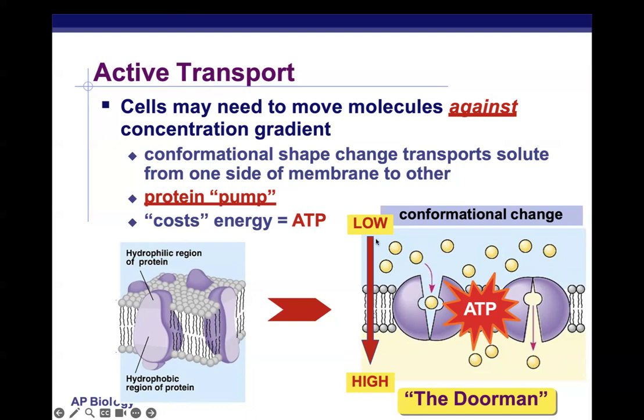These protein pumps physically carry or change shape to move or force substances to the inside or outside of the membrane where they're already concentrated. And because they're trying to counteract diffusion or facilitated diffusion from happening, they require ATP energy. So this comes at a cost, right? That comes at a cost.